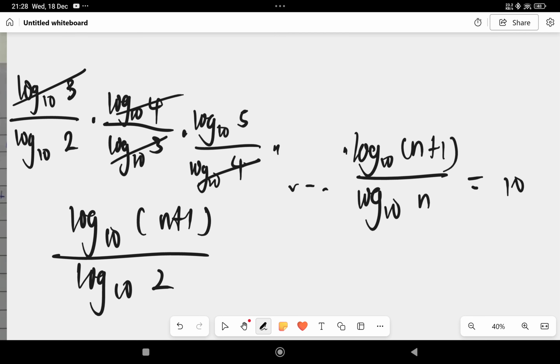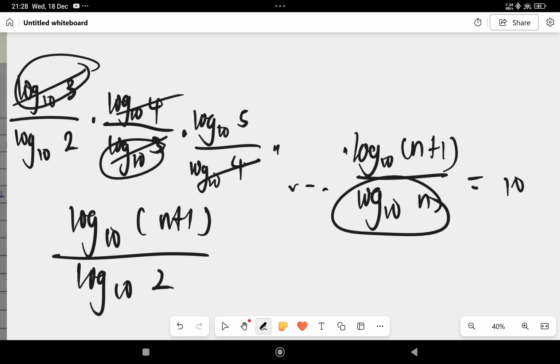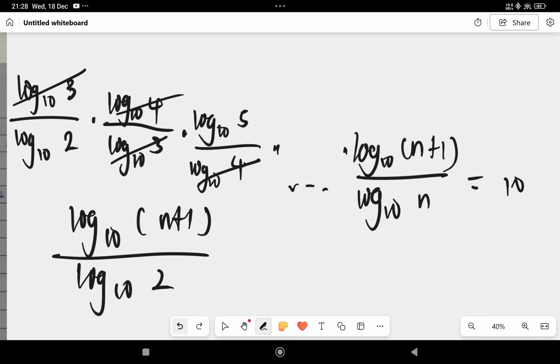Why are these two left out? Because if you think of it, the first thing I cancel out is the top and the bottom. That means in the end of the day, the bottom will be cancelled out first. So everything will be left out, including these two, equals 10.